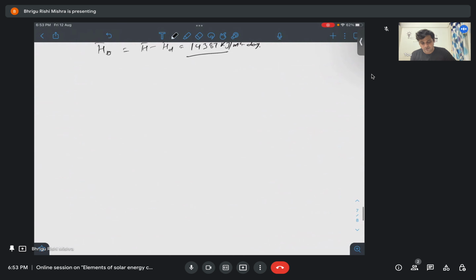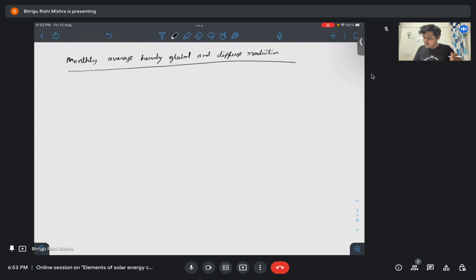Okay, now if we want to calculate the monthly average of hourly global and diffuse radiation, for the hourly radiation we need to pick some hour angle, because we need to calculate the average hourly.